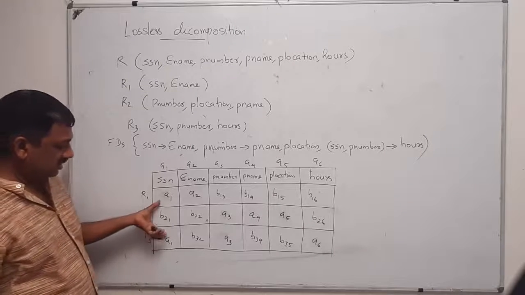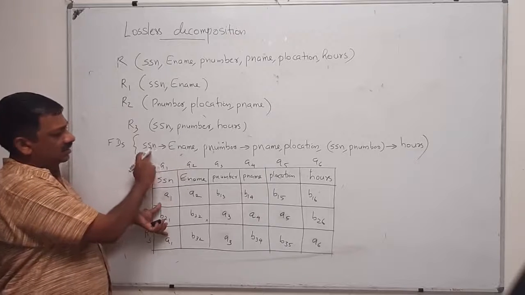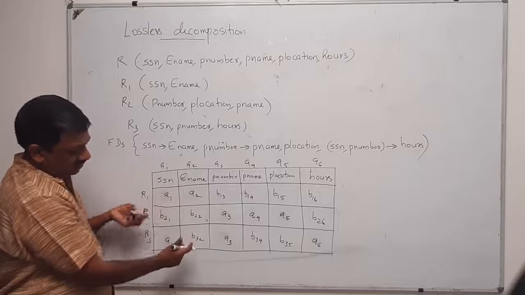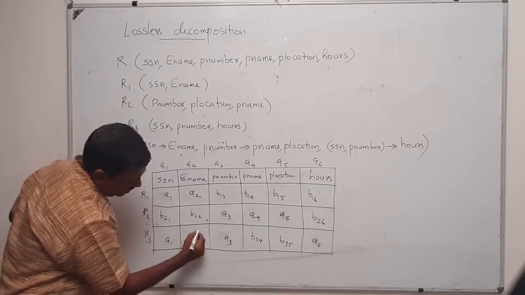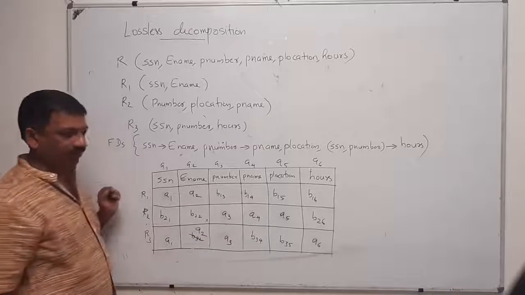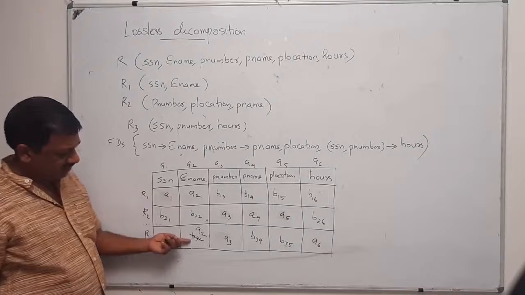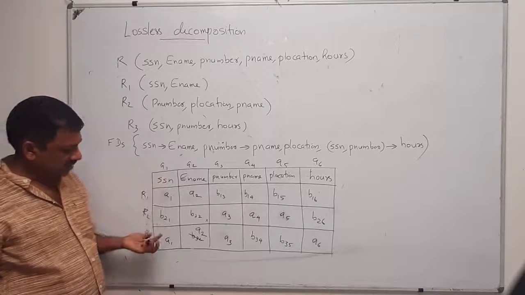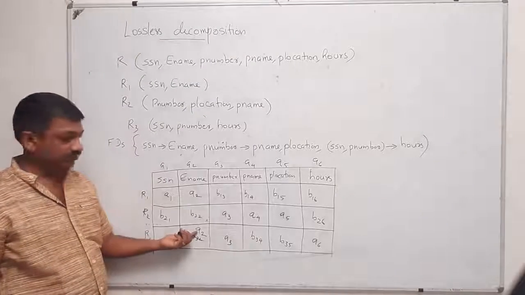That means this is an exact replica. E name, here it is A2, here it is B32. Now I am going to replace this by A2. Here it is same, here it is different. So SSN determines E name, then definitely I have replaced this by A2.